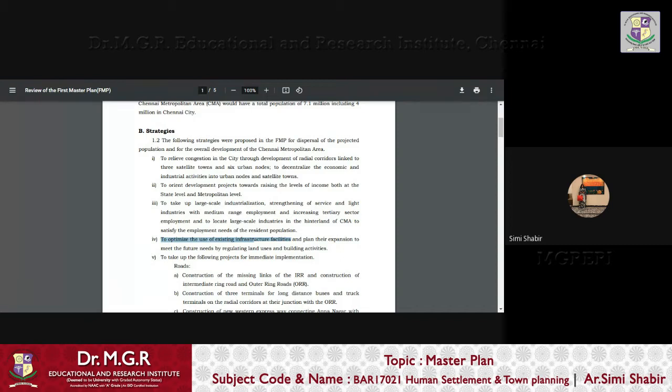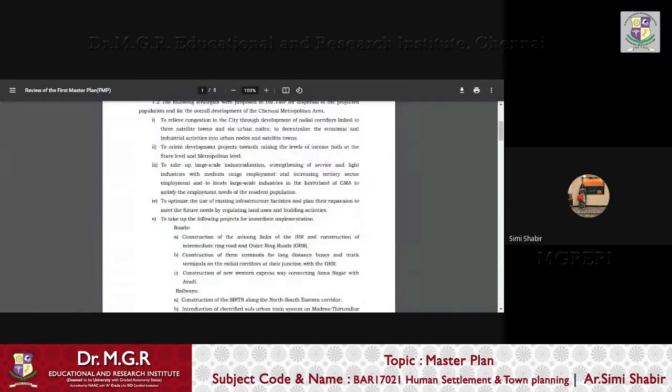So there were calls to optimize the use of existing infrastructure facilities, which will actually help in planning the spatial aspects and also to plan their expansion to meet the future needs by regulating the land uses and building activities. To take up the following projects for immediate implementation.